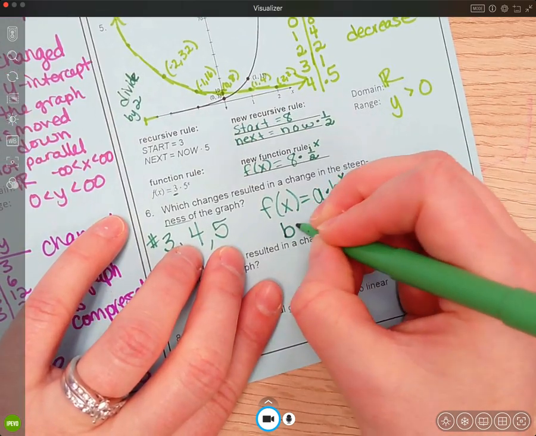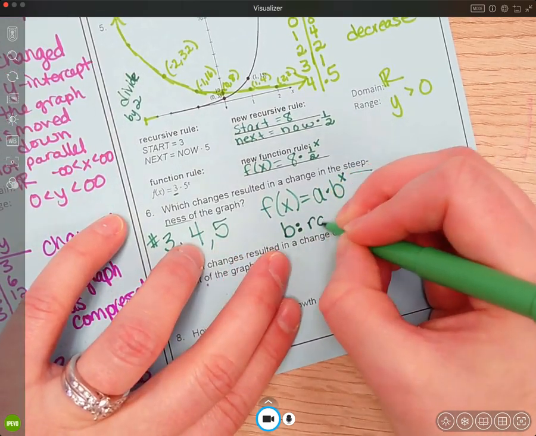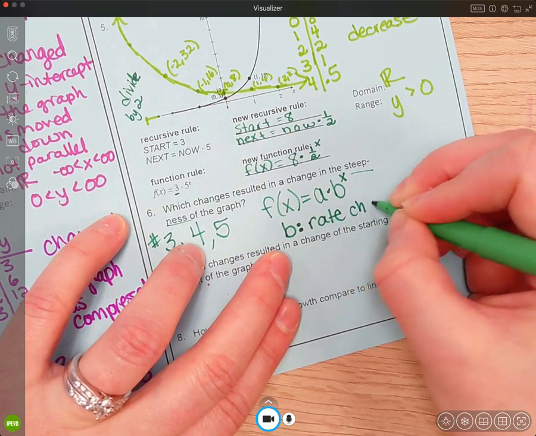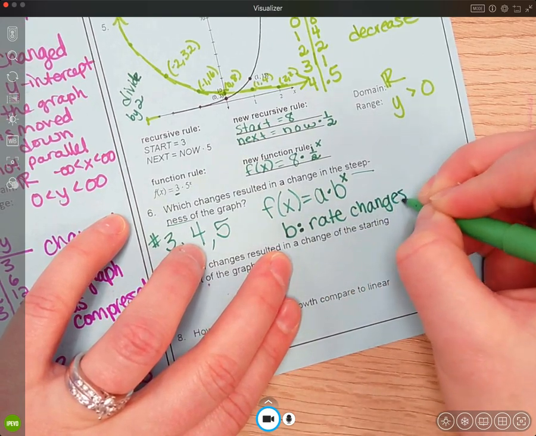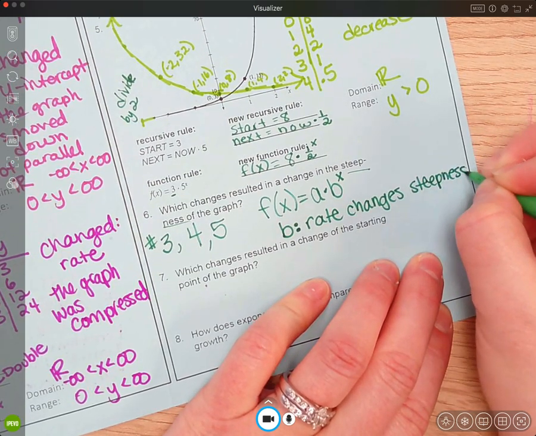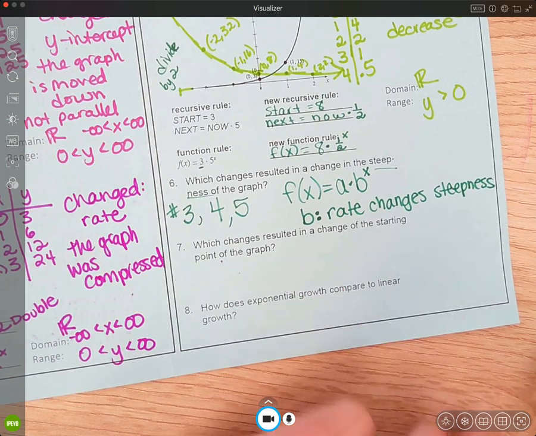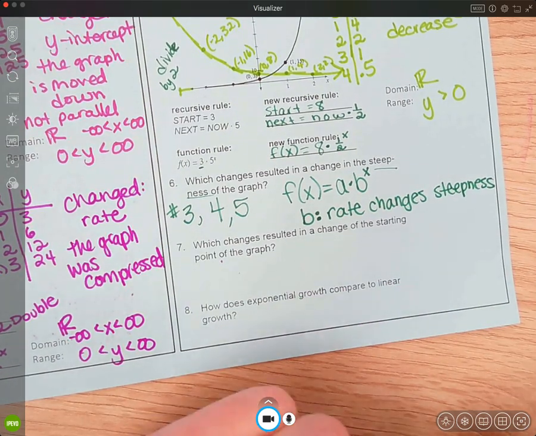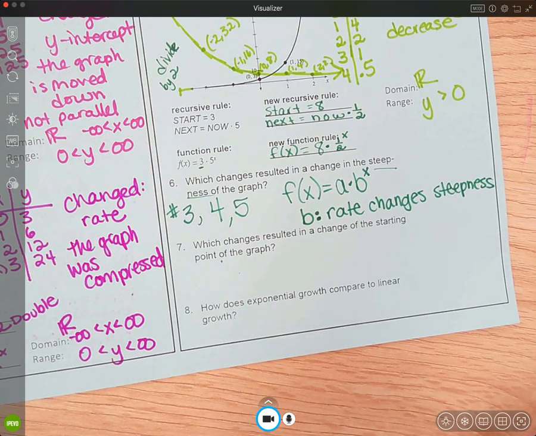B is our rate. Rate changes steepness. Because that's your second number. When we changed our steepness, that's what we changed. Write that down.